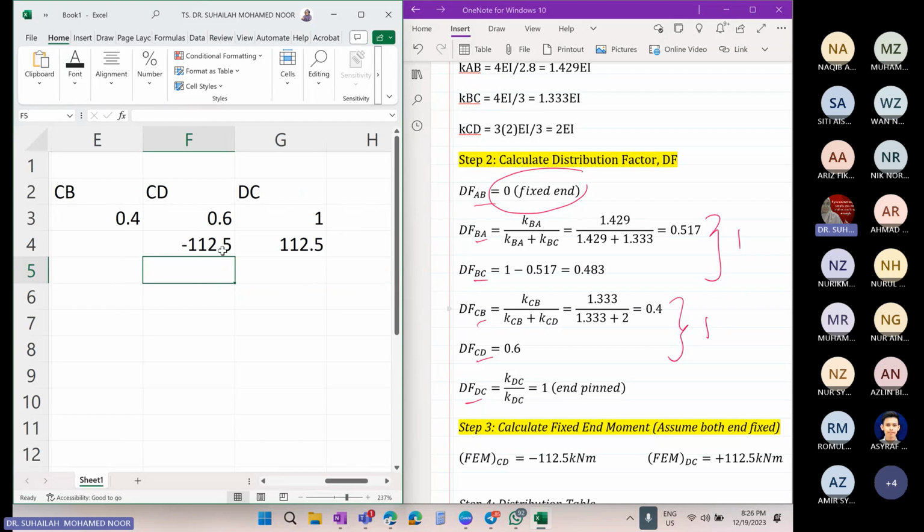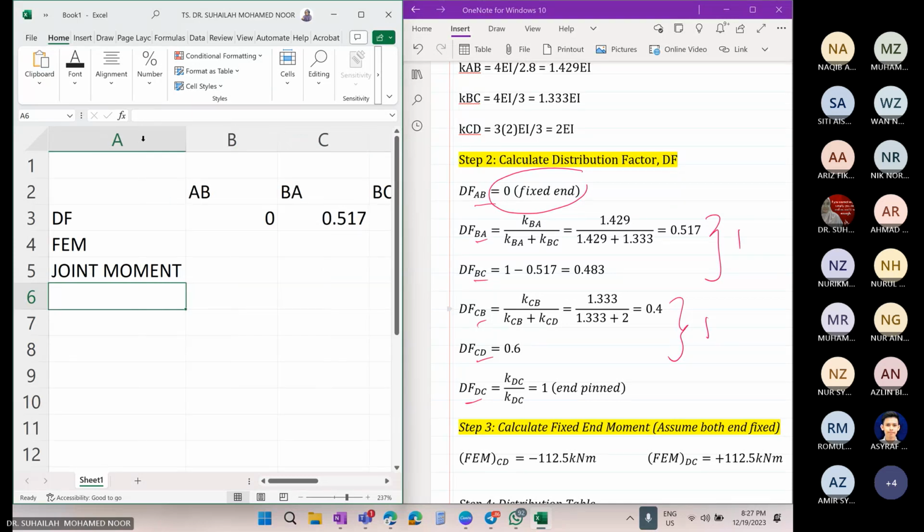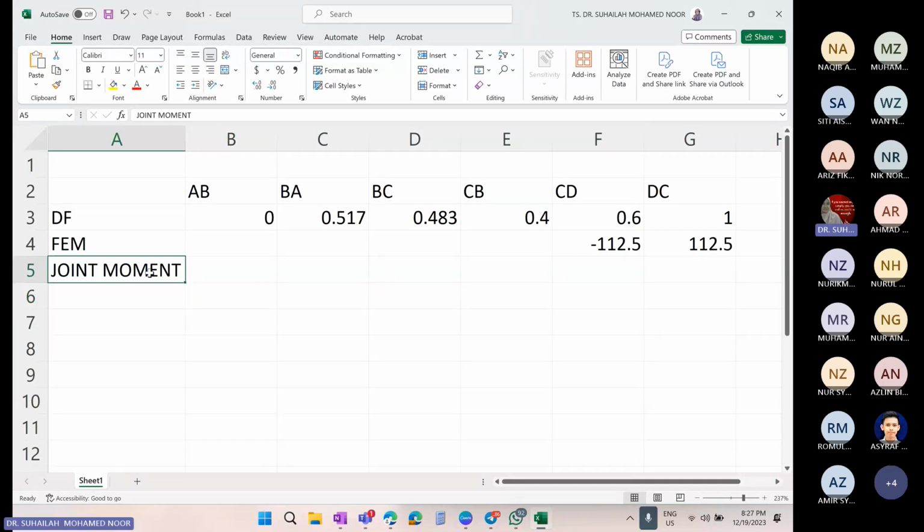Remember, the moment that we distribute is joint moment. That is why we change sign.